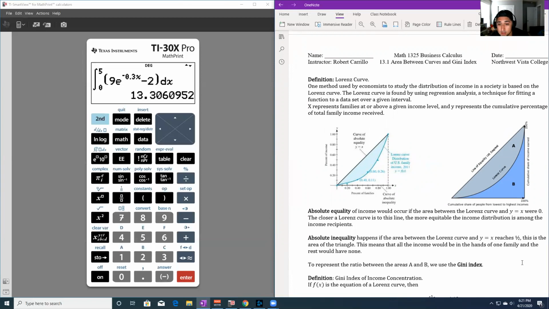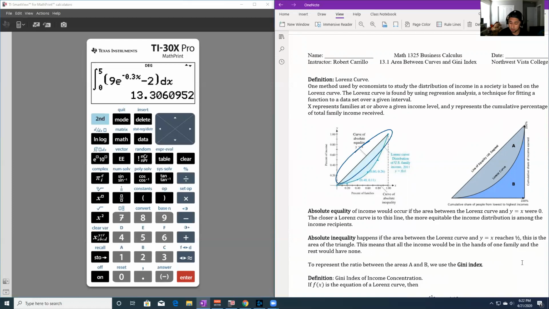So the closer we are to the line y equals x, the more income is being equally distributed. Our goal is to hit this line, y equals x.